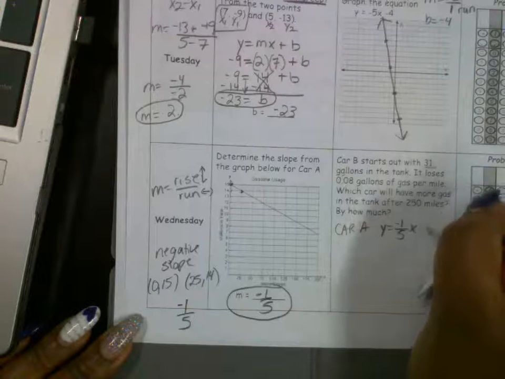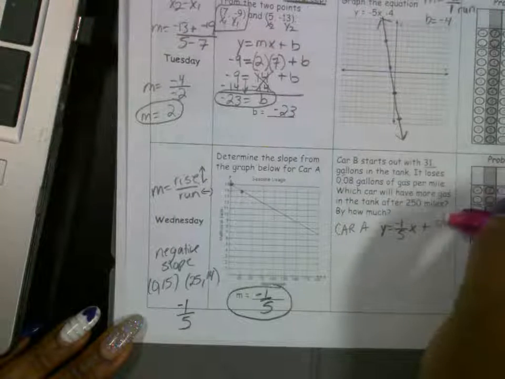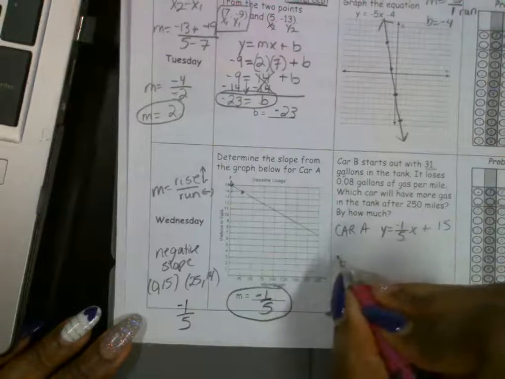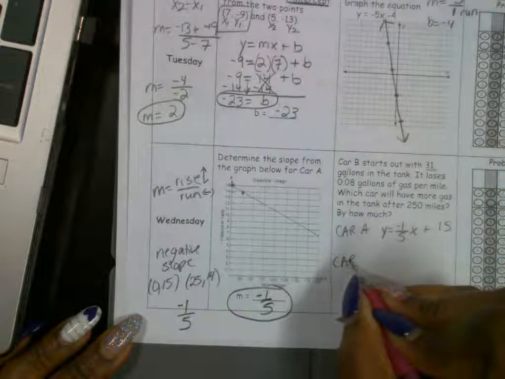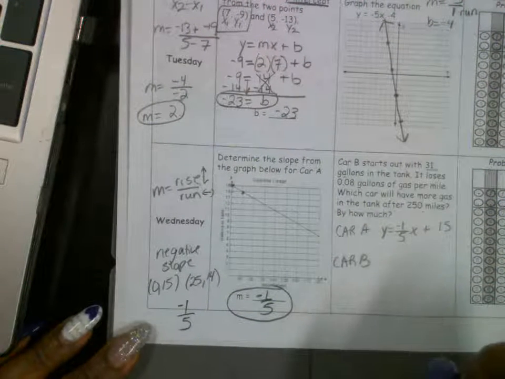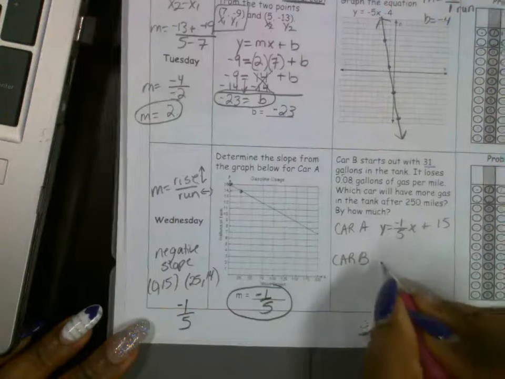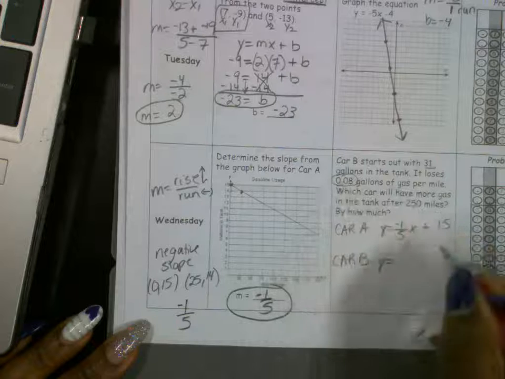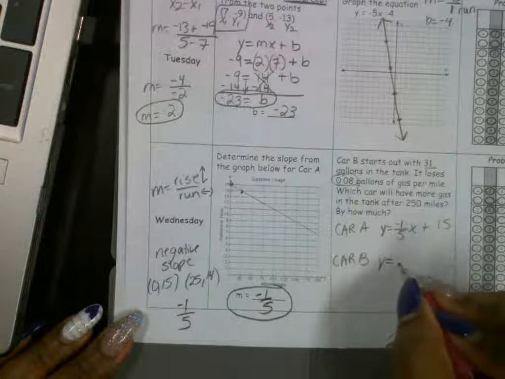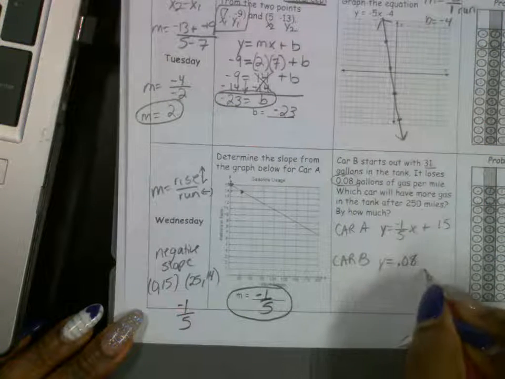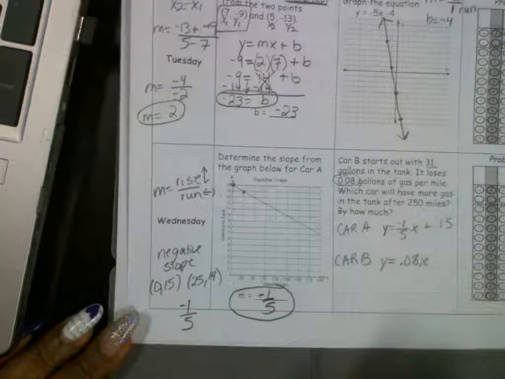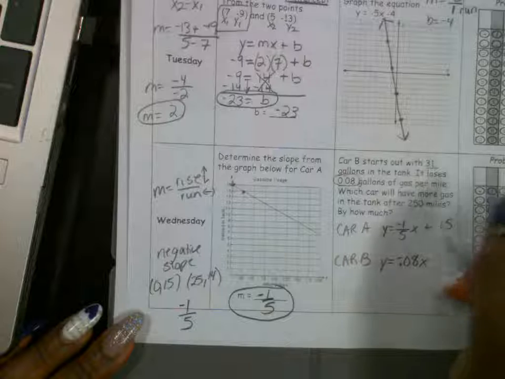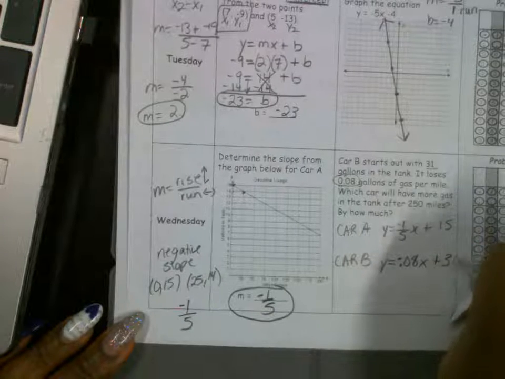So it's -1/5 x plus 15. Car B starts with 31, and this is how much it's losing per mile. So this is -0.08 per mile that it's losing. And the starting amount is 31.